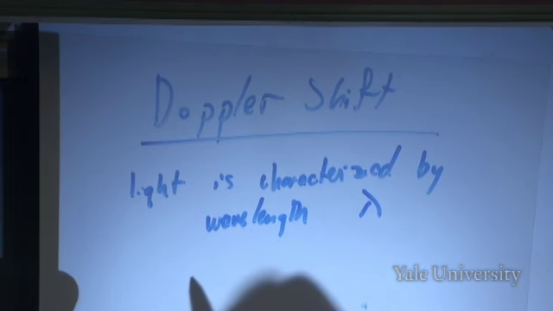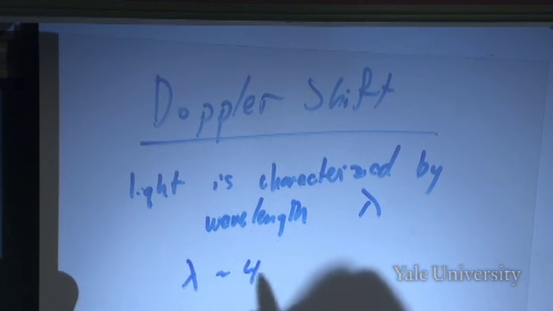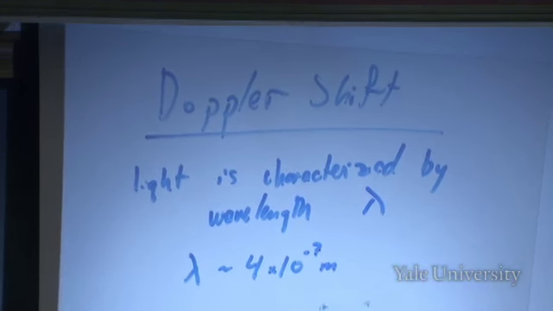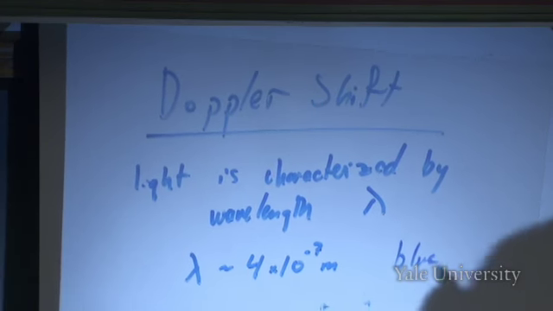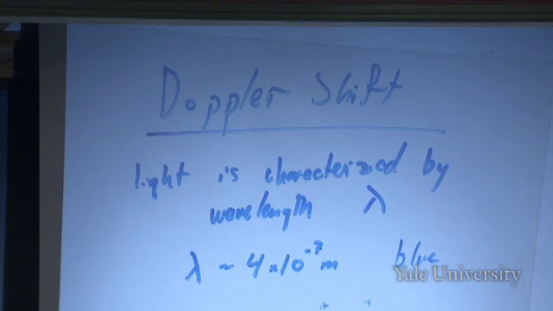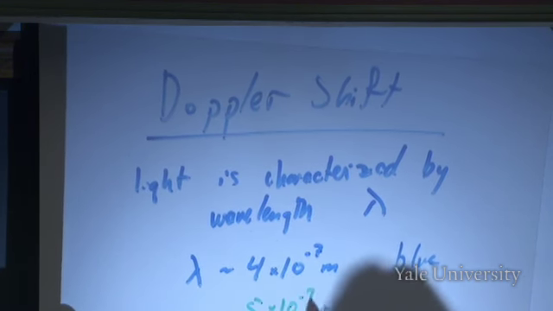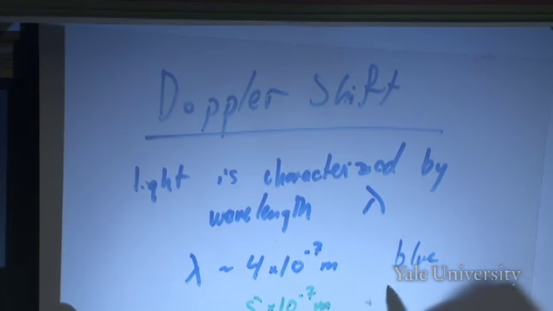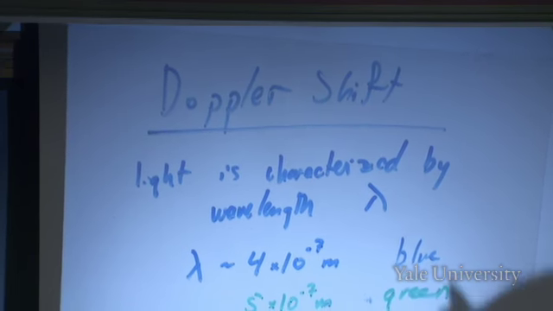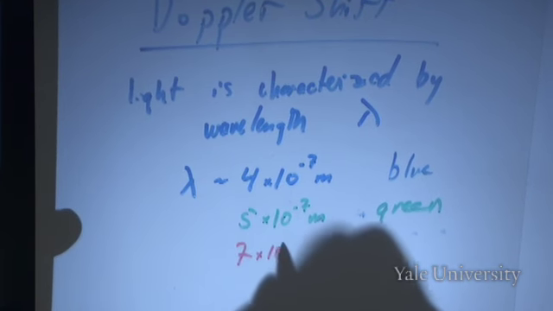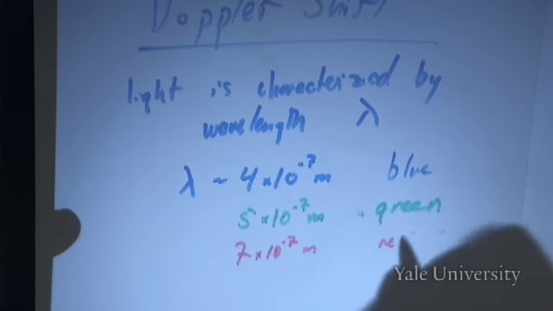Light that is something like 4 times 10 to the minus 7 meters, a wavelength has units of length, looks blue to us. Let's color code this for your convenience. 5 times 10 to the minus 7 meters looks green. 7 times 10 to the minus 7 meters kind of looks red.